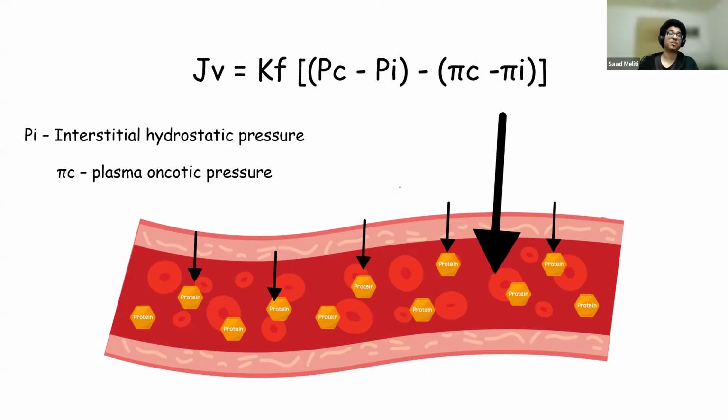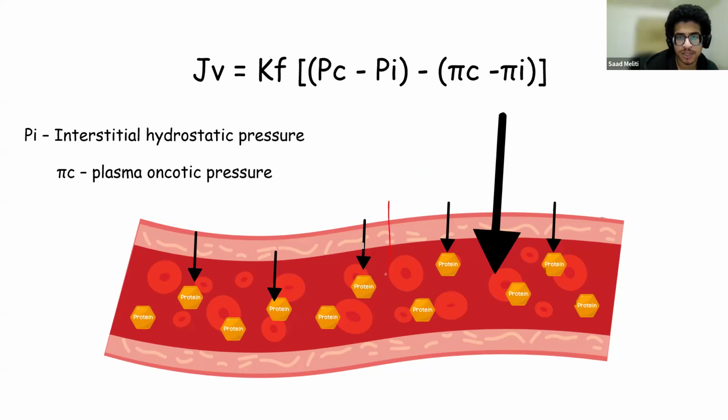Next, we're going to talk about things that bring fluid back into the blood vessel. So, interstitial hydrostatic pressure. So imagine if there's fluid here or something. Usually there isn't fluid under normal circumstances. But this fluid would cause pressure over here, and this pressure outside would push fluid back into the blood vessel, okay? So this is why we minus capillary hydrostatic pressure, minus interstitial hydrostatic pressure.